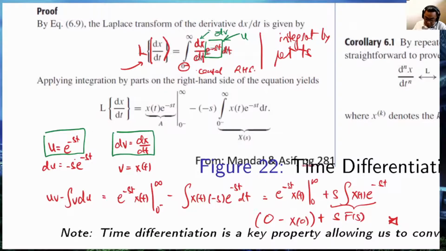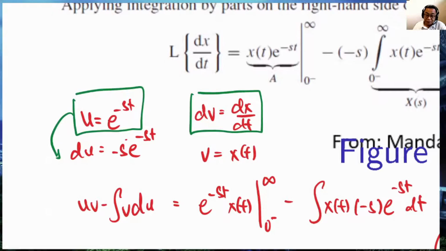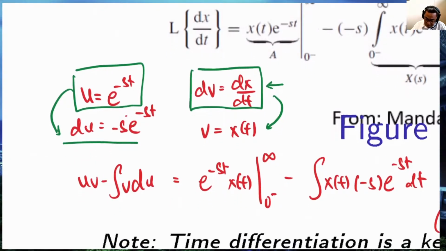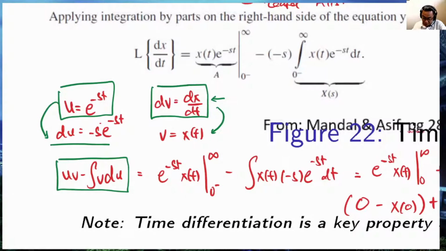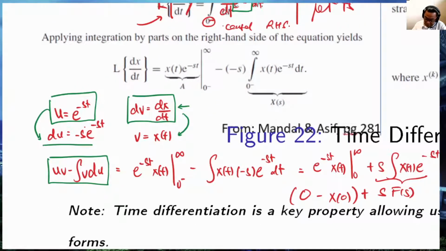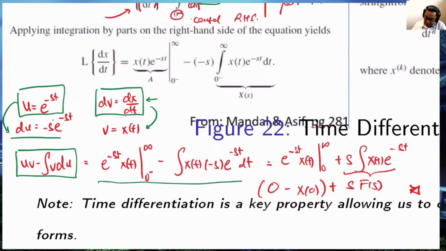Once you have determined your u and dv, given u you can find du, and given dv as this, you can quickly find v, the integral of dx/dt, which is x(t). Integration by parts is uv minus the integral of v du. Then you can solve. Alright, see my answer here.